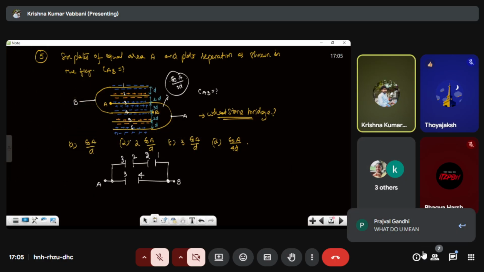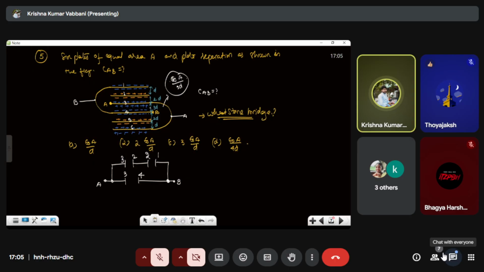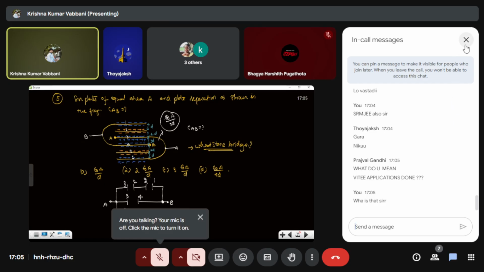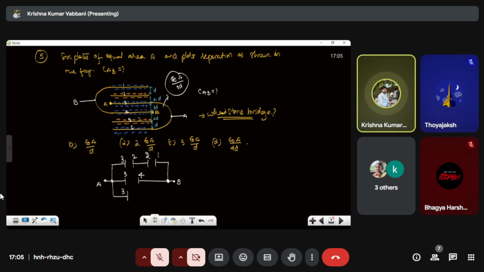And let's come here. Let's take parallel plate this 3 again. 3 is parallel to 4. We already drew this one. Okay, and 6, sir. And 4 is parallel to 5. Let's take here also. See here, let's take B. So B is 4. 4 is parallel to 5. 5 is parallel to 6.